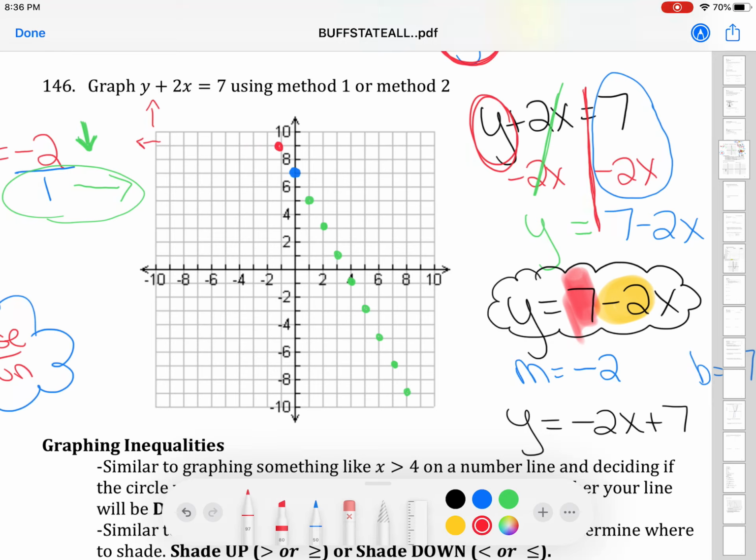So I can also go from 7 up 2, left 1 to get that final point up there. I know it seems like you can graph it without it. I promise in the notes to come, you'll want as many points on your grid as possible. And once you have all those points, just connect them and put your arrowheads on the ends.